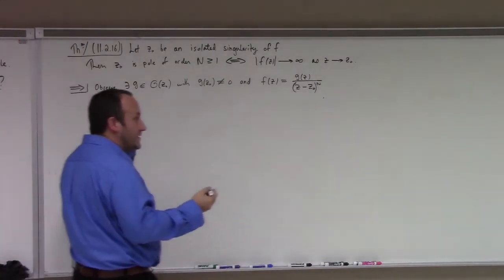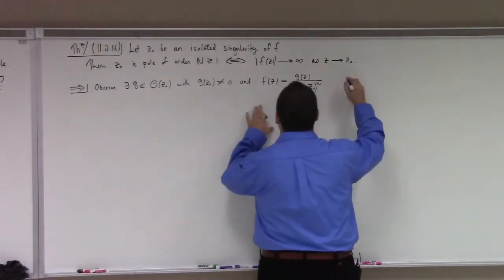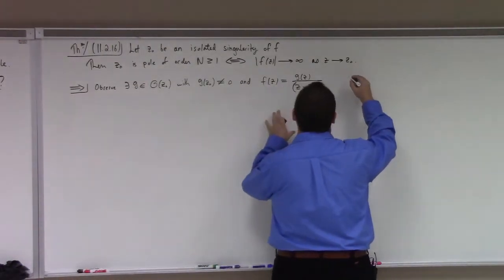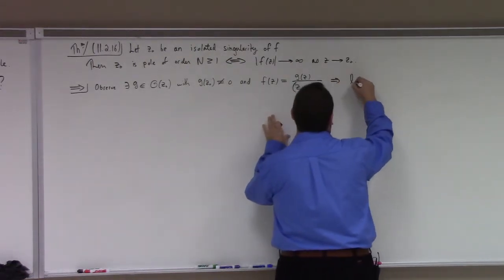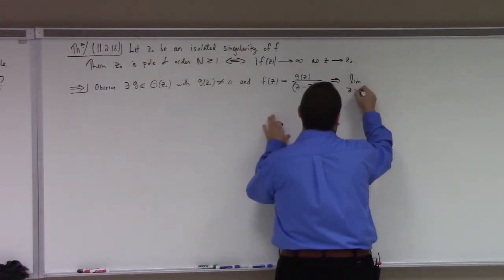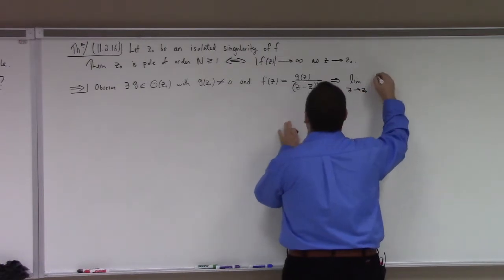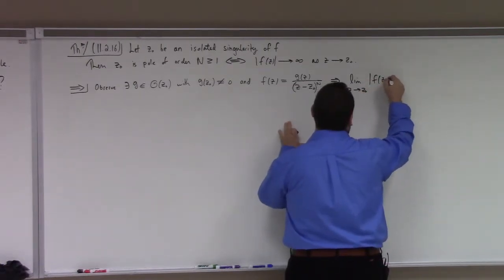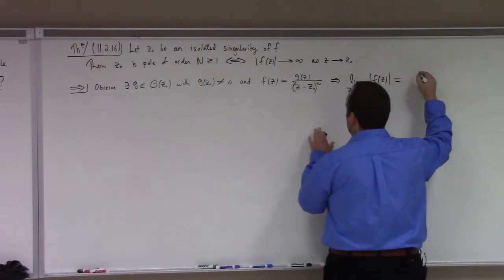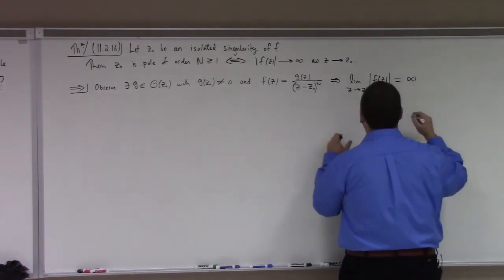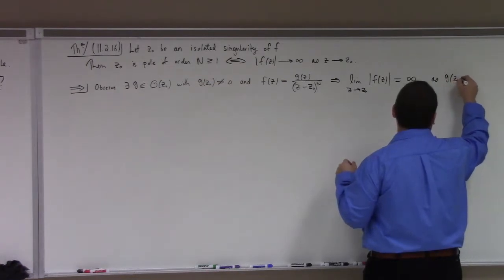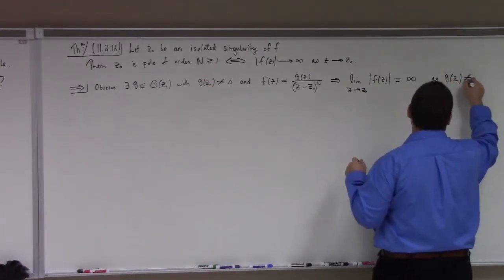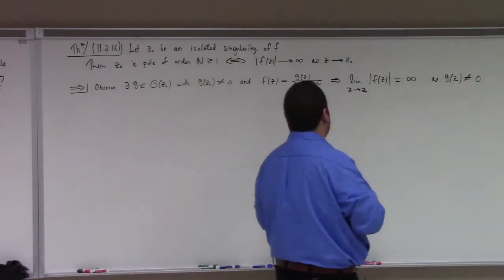So the point here is, if we look at this, that implies then that the limit as z goes to z naught of the modulus of f of z would be equal to infinity, as g of z naught is not equal to 0.